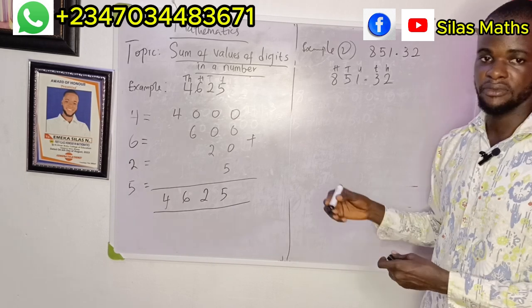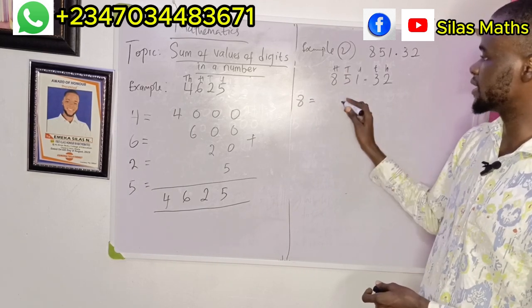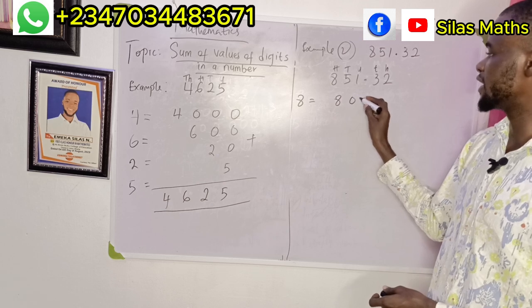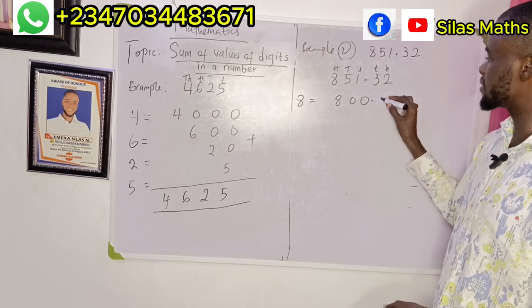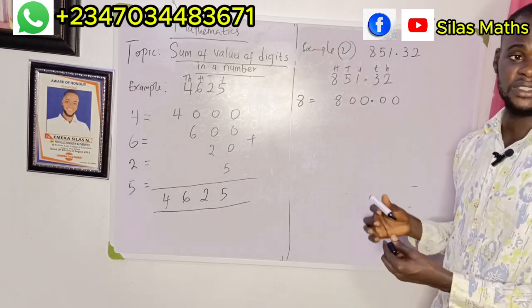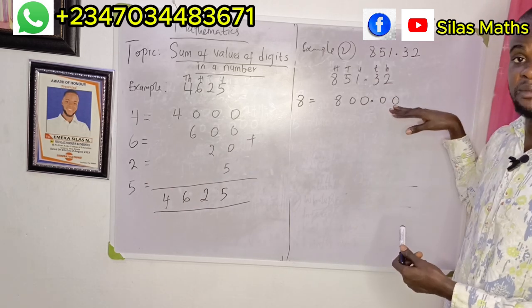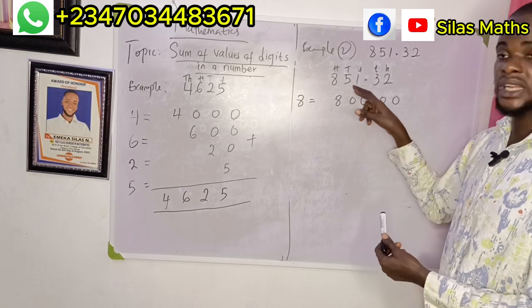So let's go ahead and write out the values of each of these. For 8, which is 800, we have our 800. Then put our point, then the remaining digits we'll use 0 to represent. This is still 800 because the zeros after the decimal point don't affect the value of this number. The next one is 5.